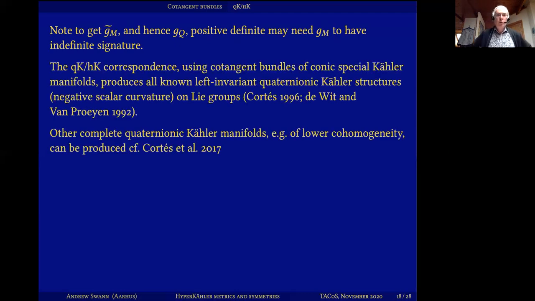So this correspondence is a mathematical version of some constructions from the physics and supergravity literature. There's something called the C-map and so on. In the physics literature, local descriptions of these metrics have been known for a long time, and it's a very powerful construction. It actually produces all the known left invariant quaternionic-Kähler structures on Lie groups.